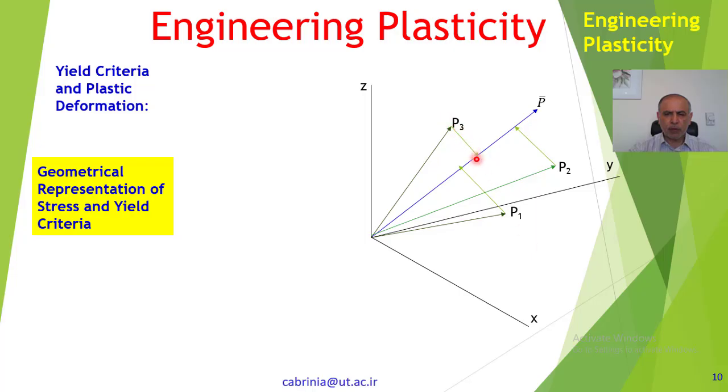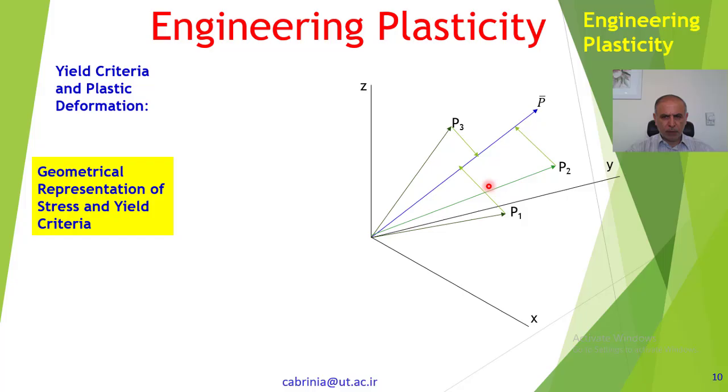So that's the deviatoric, that's the hydrostatic components. And for all states of stress, we could have similar things. Now, if we increase any of P1, P2, or P3, the material will yield eventually. So we want to show graphically how that happens.